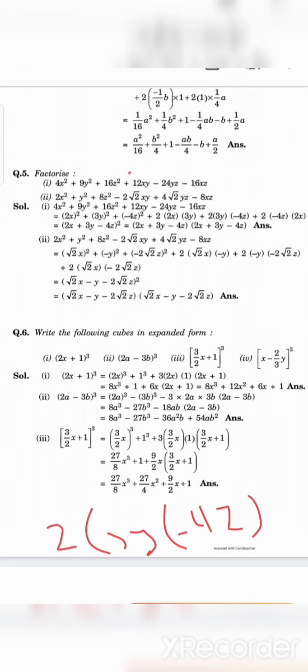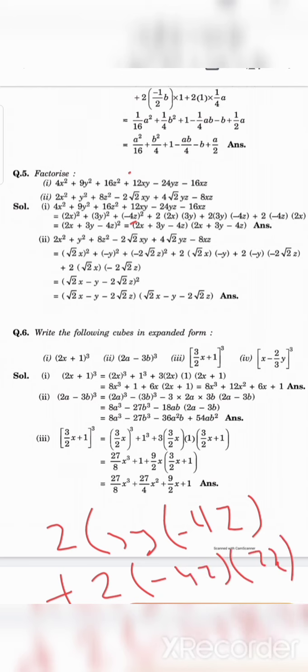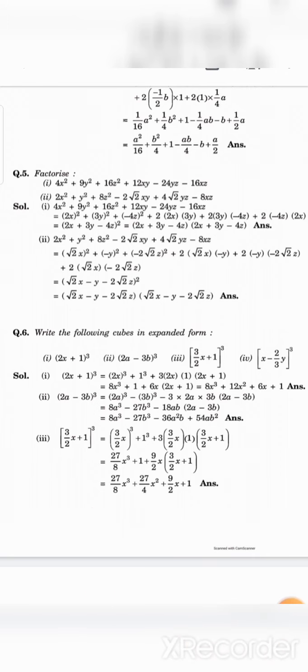So in our first term we write minus 4z whole square. So we write minus 4z, and last plus 2 into c into a. C means our minus 4z and a means 2x, and plus times minus is minus. So our c is in negative form. Writing this way, we get the identity number 5 RHS with squaring and multiplying terms.